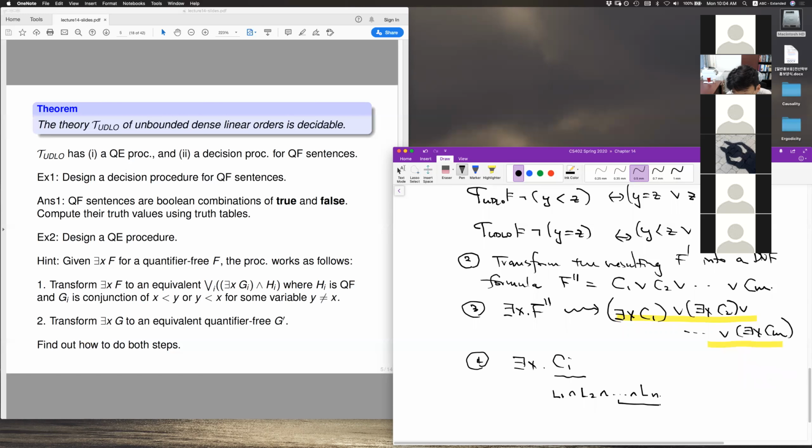Some of them contain X, and for the rest, X does not appear. So then what we can do is take the part which doesn't contain X outside of the existential quantification.